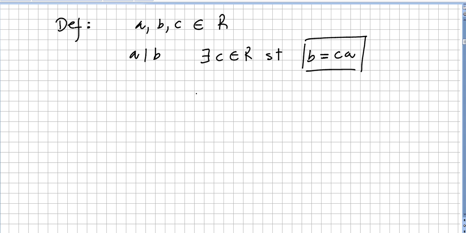So if A divides B, there will be one C here.